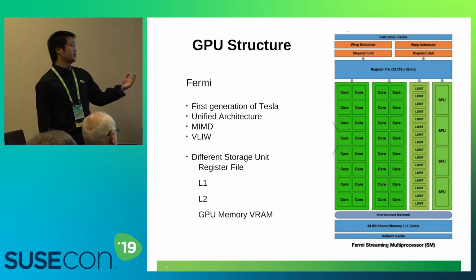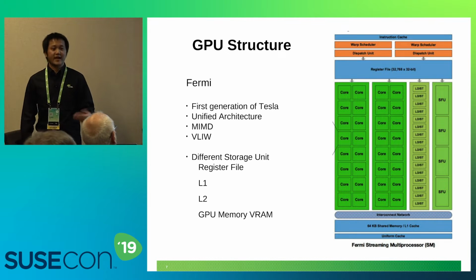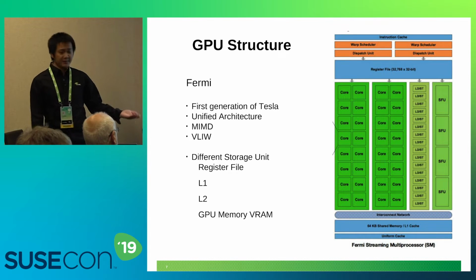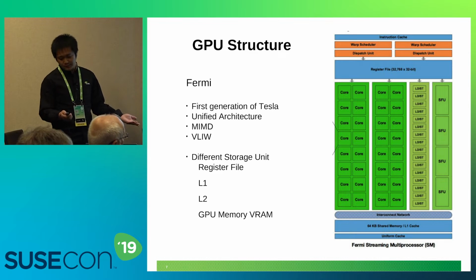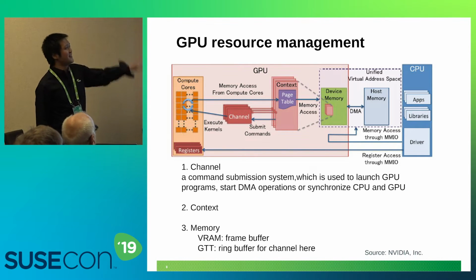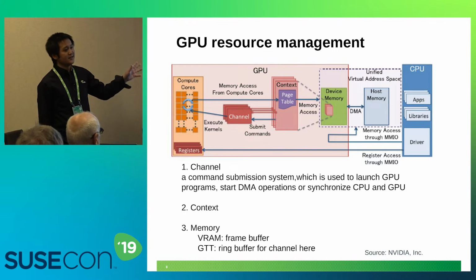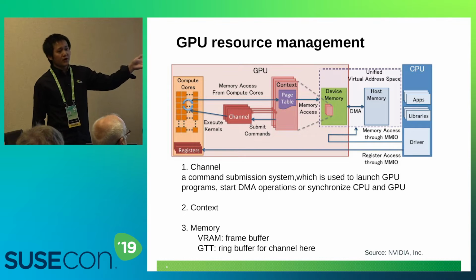It also has some memory here: registers, cache, and the GPU memory. So it basically looks the same as a CPU. And that's also true. So don't be scared by this. You just need to see how the GPU works with the CPU.